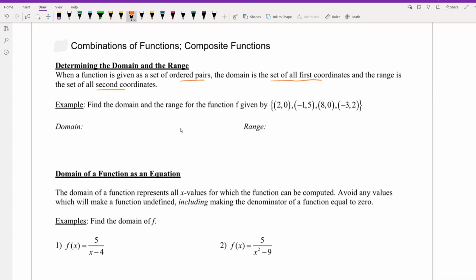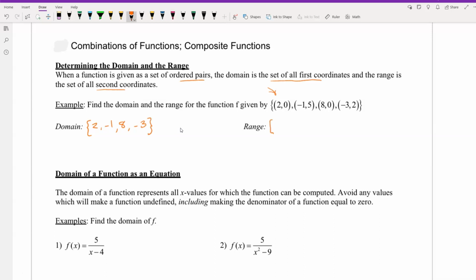Example, find the domain and range for the function f given by the set of ordered pairs (2, 0), (-1, 5), (8, 0), (-3, 2). So domain is the set of all first coordinates. So I have 2, -1, 8, -3, and then closed set.